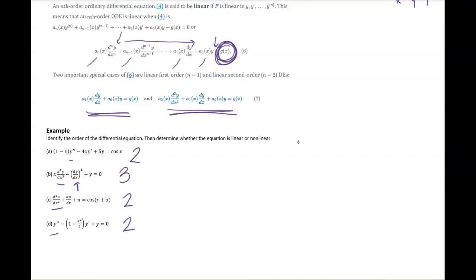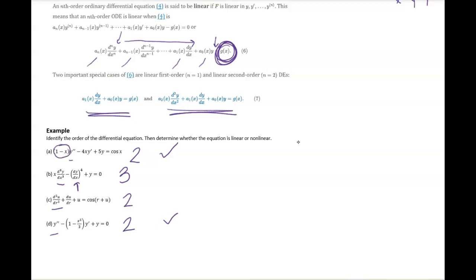Now let's determine if they are linear or nonlinear. Remember, for it to be linear, I need all of my derivatives of y and my function of y to be on the left-hand side, and only functions of x on the right-hand side. When I'm looking at these 4 examples, I will go ahead and tell you that only A and D are linear in form.